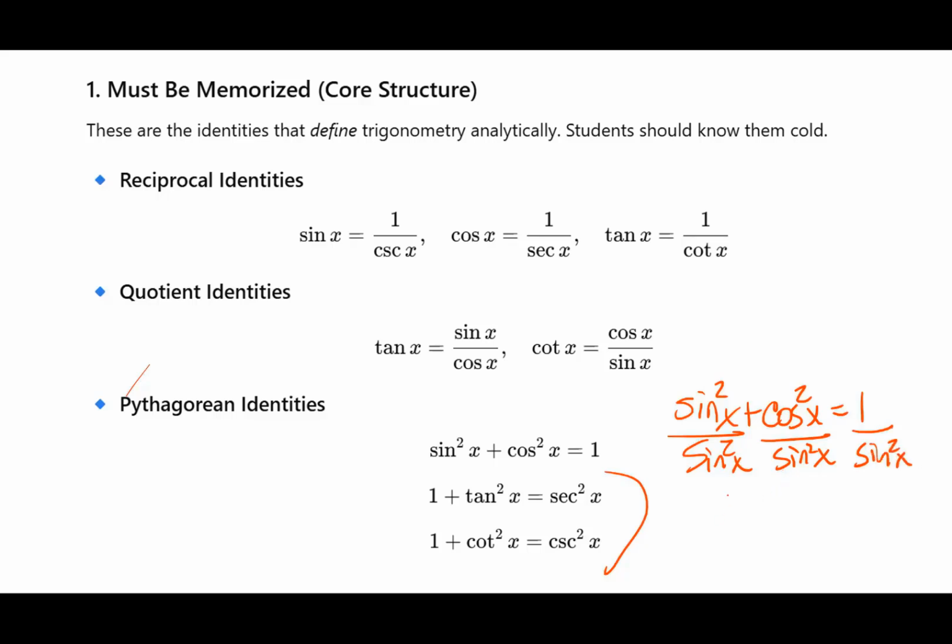And that gives you 1 plus cotangent squared x is equal to cosecant squared x. So that is the third one. If you divide that first one by cosine squared x, you get the second one. So you don't have to memorize all three. You really just have to memorize the first one. And then you have to remember that you can figure out what the other two are.